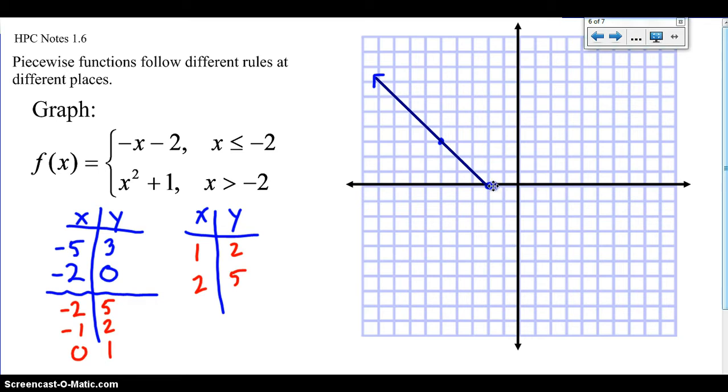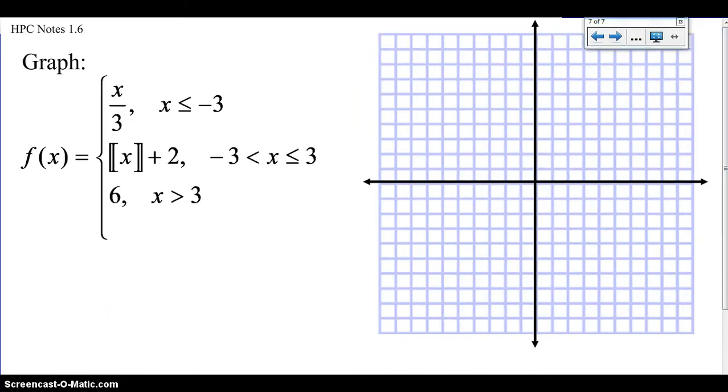So let's plot these points, -2 and 5. -1, 2. And you can see the parabolic shape taking hold there.